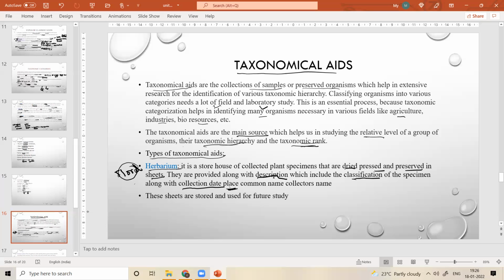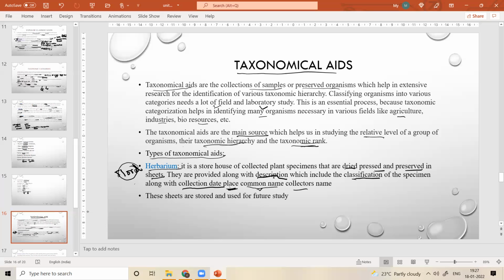So we can understand that this variety of this species of plant is present in this particular place, and during this time these are prevalent. These kinds of things will be understood by studying the herbarium record. The common name is also given, so that we can understand the features in detail. By knowing the common name, we can find all the characters.